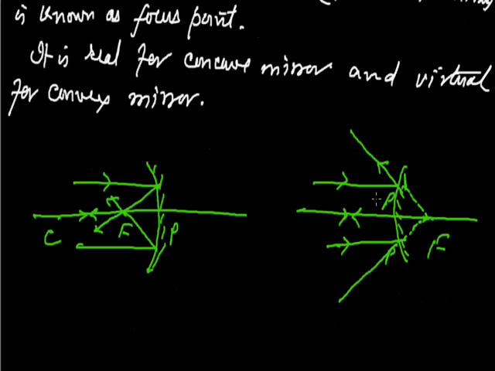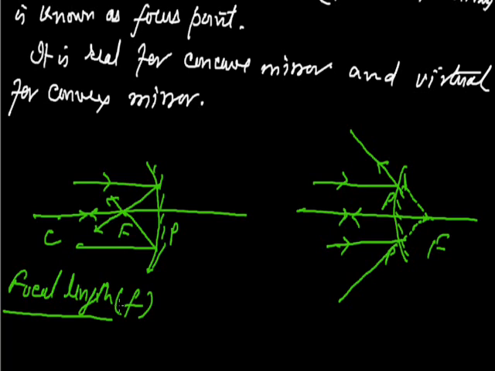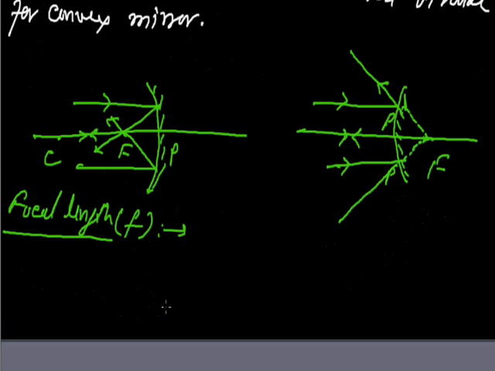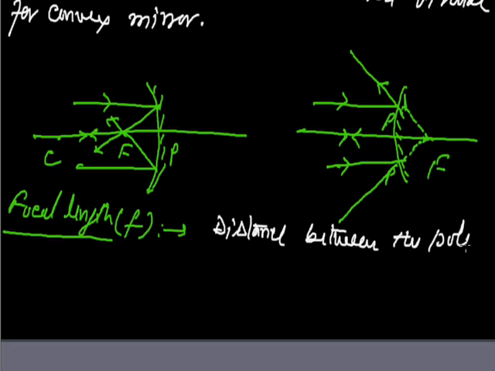Here is P. Now the focal length is small f. The distance between the pole and the focus point is known as focal length.